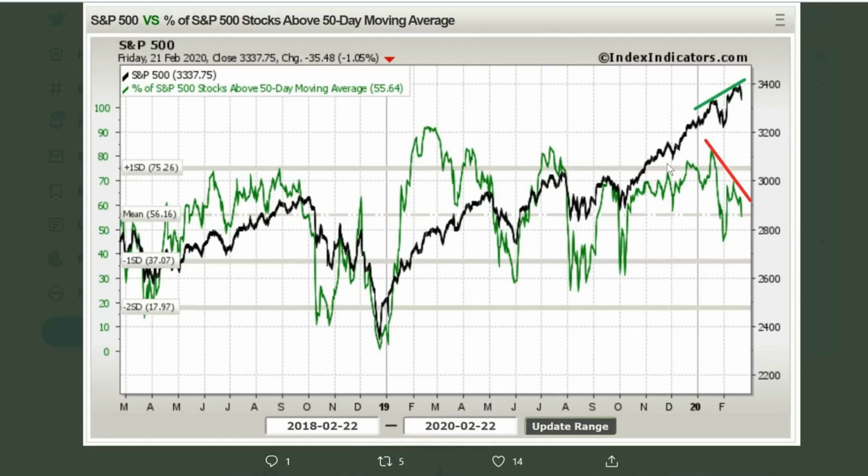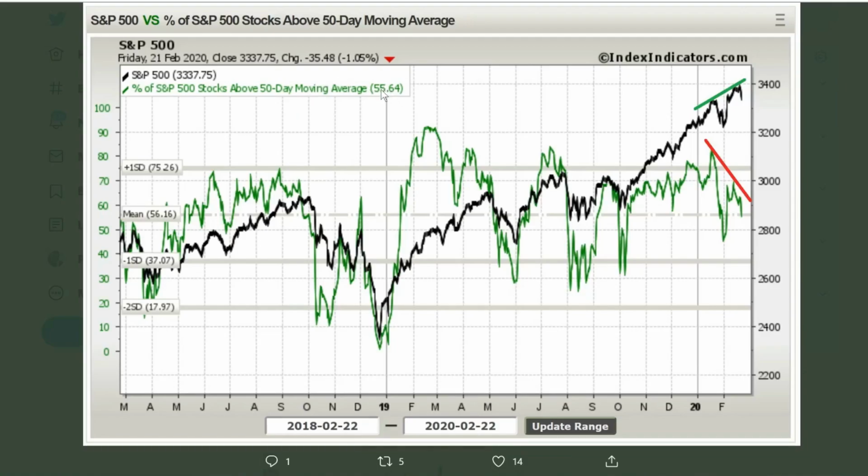Very similar to the previous chart, and this was actually a feature of last week. Now it's looking a bit more confirmed, a bit clearer this week. Again, higher high on the index or the price, and lower high on the indicator, which in this case is the proportion of S&P 500 stocks that are trading above their respective 50-day moving average.